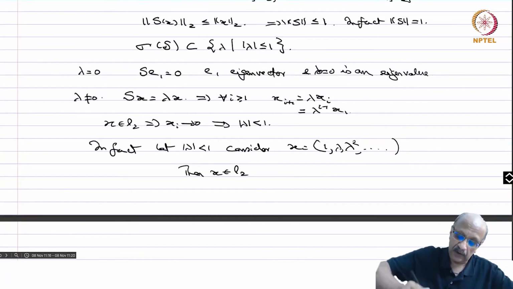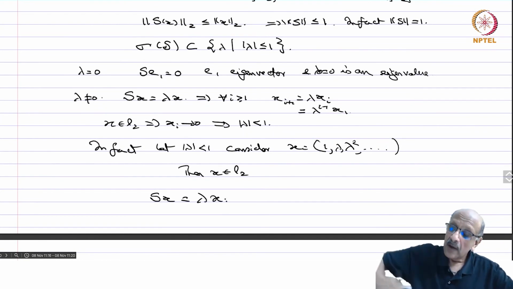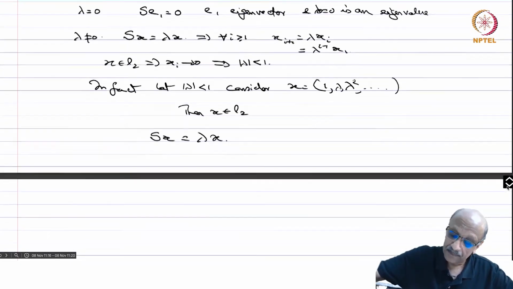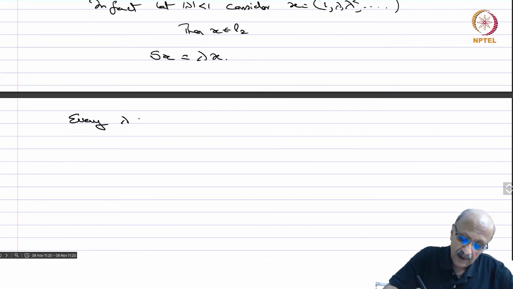So x belongs to l2, and Sx is in fact equal to lambda x. Okay, so every lambda such that mod lambda is less than 1, whether it's 0 or non-zero, is an eigenvalue.